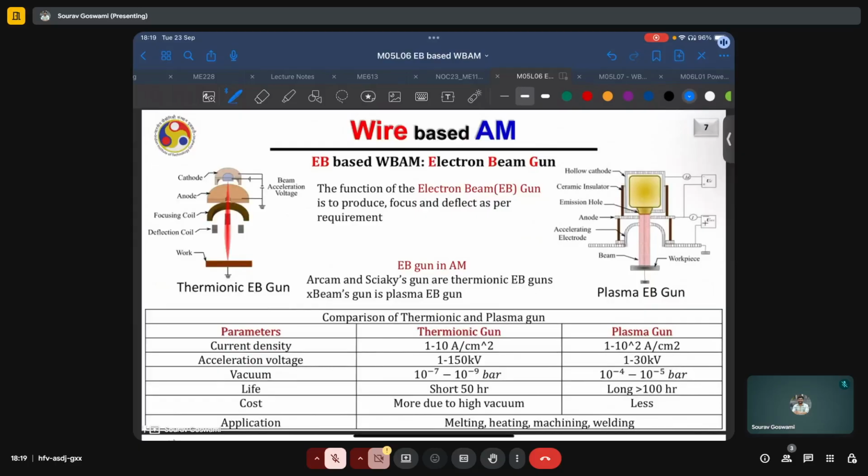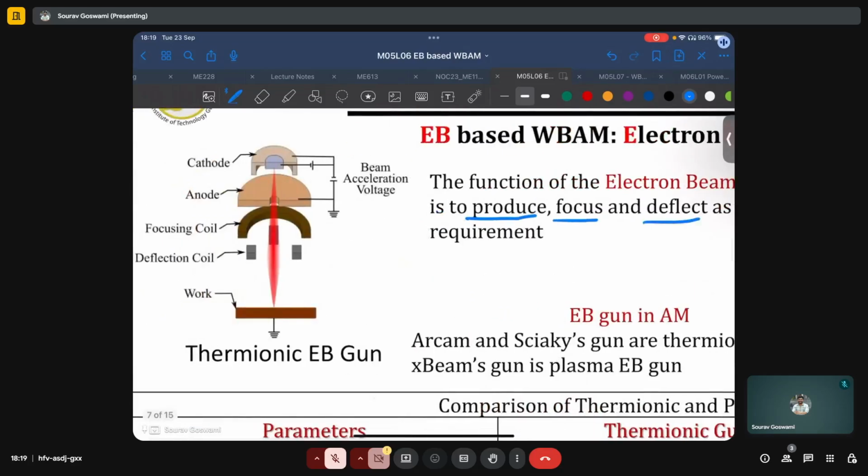In an electron beam based wire additive manufacturing process, the primary function of the electron beam gun is to produce, focus, and deflect electrons. As we mentioned, typically either a thermionic electron beam gun or a plasma electron beam gun may be used. In both cases, the first stage is the emission of these electrons. Like here we have a cathode and an anode.